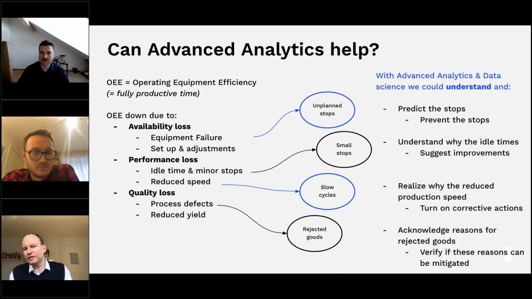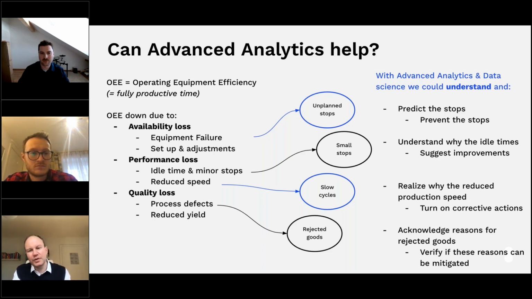And in fact, now with advanced analytics and data, you can zoom into each of these root causes that cause your OEE to drop. And for example, once you're able to predict stops in equipment, you might be able to prevent them. When you're able to understand what's causing the idle time, you can suggest improvements.